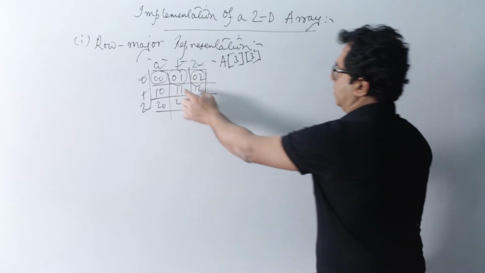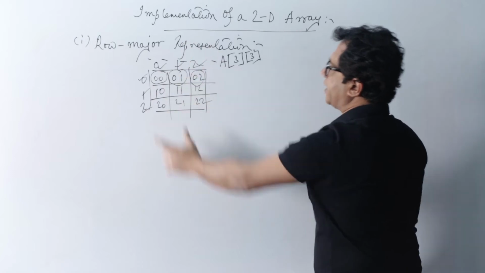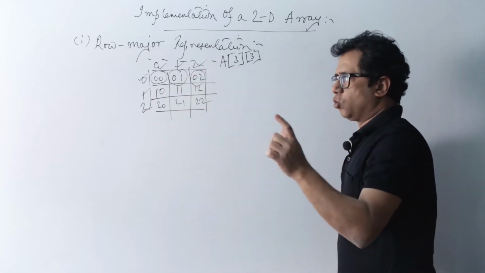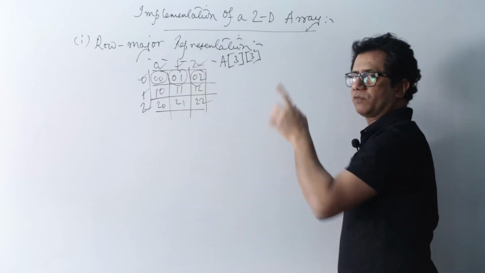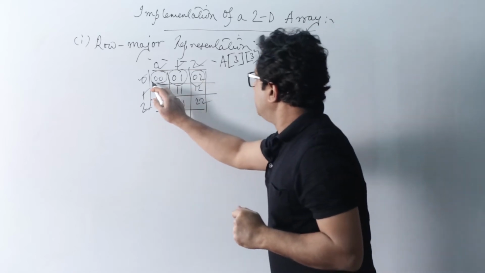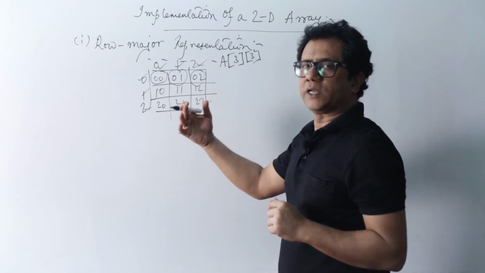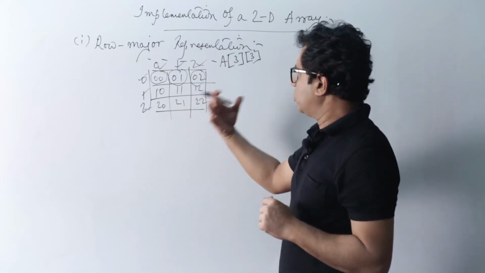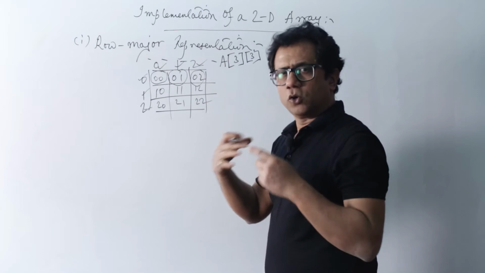So in case of row major representation, we give the priority to the row. If we give the priority to the row, the memory allocation is done by row.